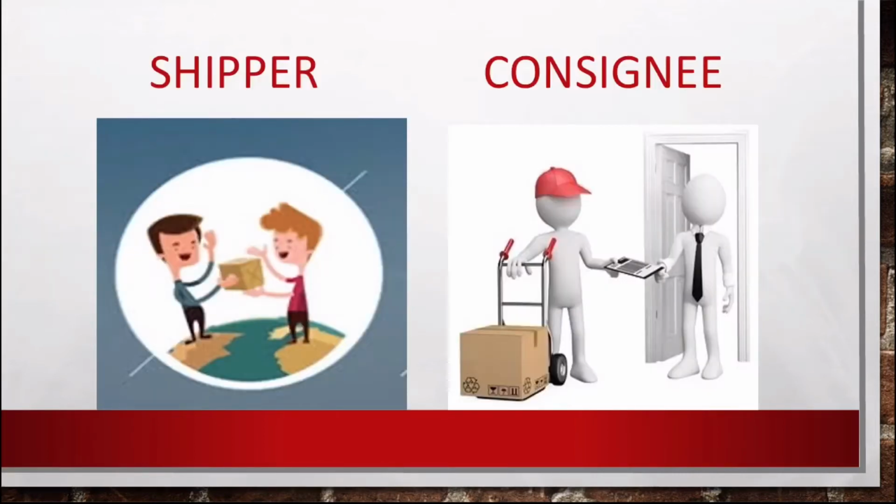Note that a shipper is a person or company whose job is to organize the sending of goods from one place to another. The consignee is the person or entity who is financially responsible for the receipt of a shipment.